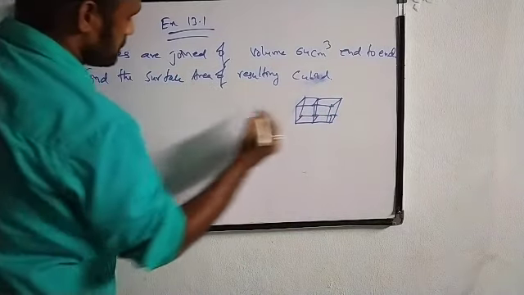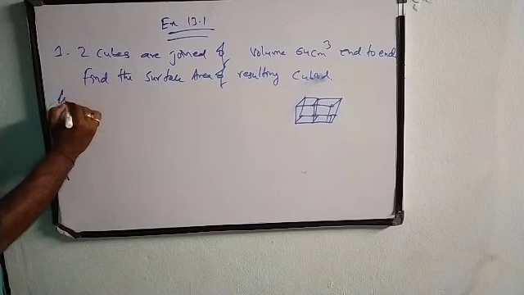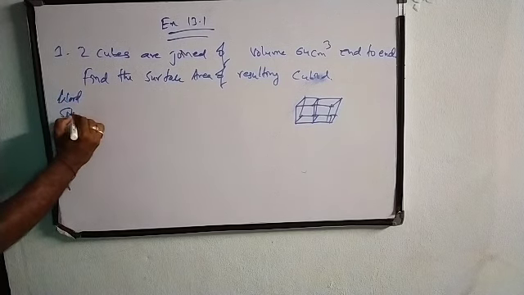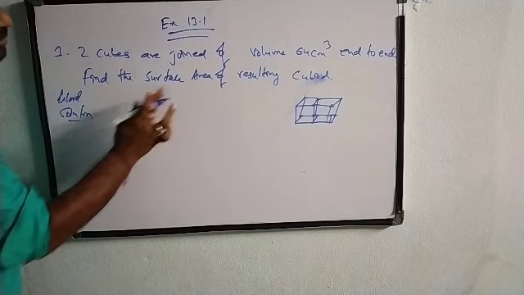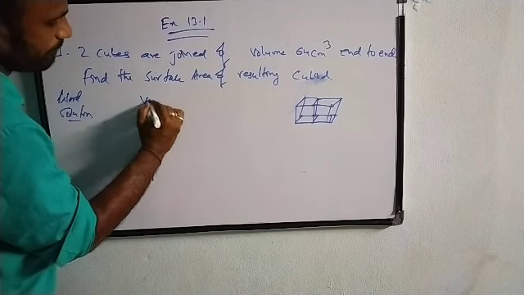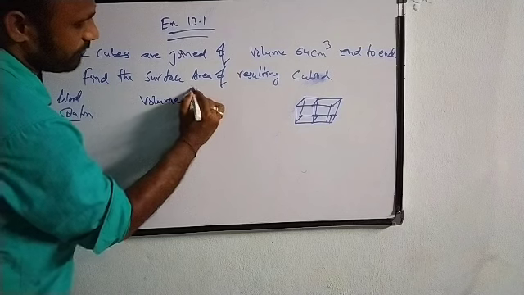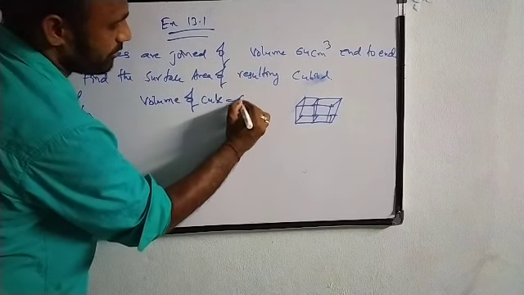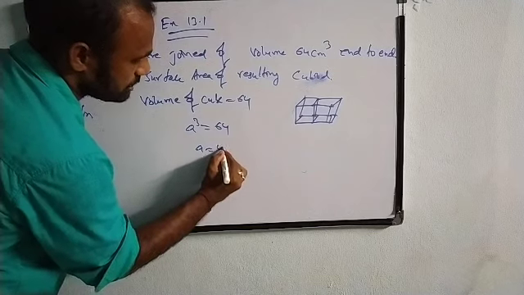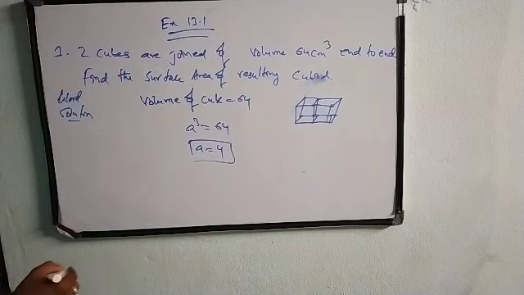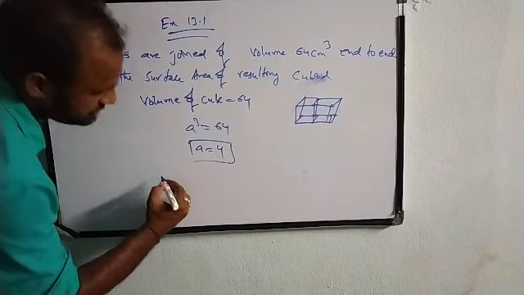Let us take the solution. Volume of the cube is 64, so a cube is equal to 64, a is equal to 4. It means each side of the cube is 4 centimeters.